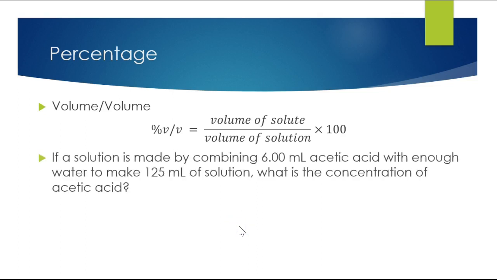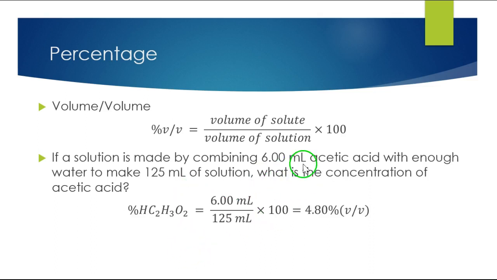Okay, so if a solution is made by combining 6 milliliters of acetic acid with enough water to make 125 milliliters of solution, what is the concentration of acetic acid? Well, we're just going to take the volume of acetic acid divided by the volume of solution. And here they gave us the entire volume of solution. So multiplying it by 100 to get a percent, we get 4.80 volume percent.